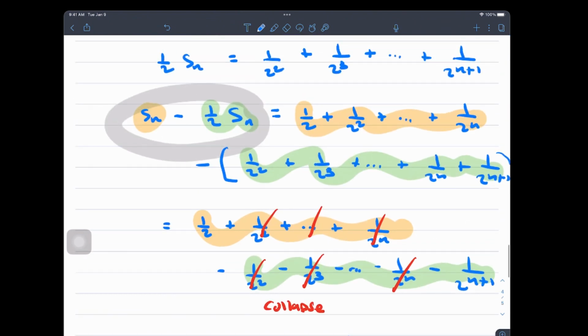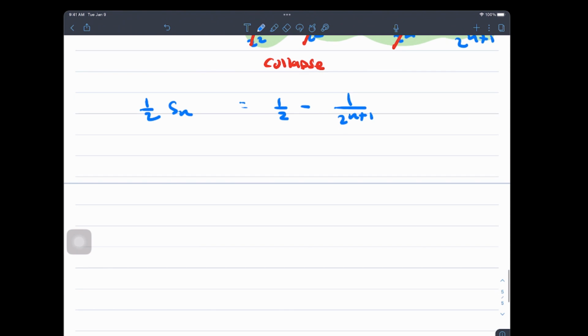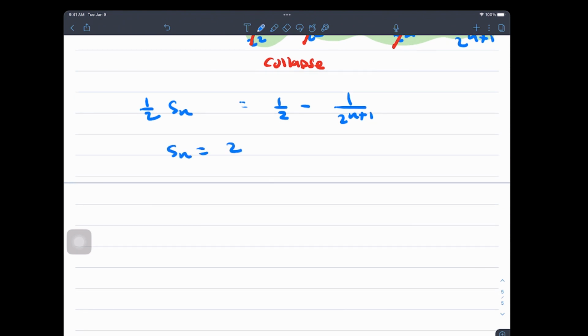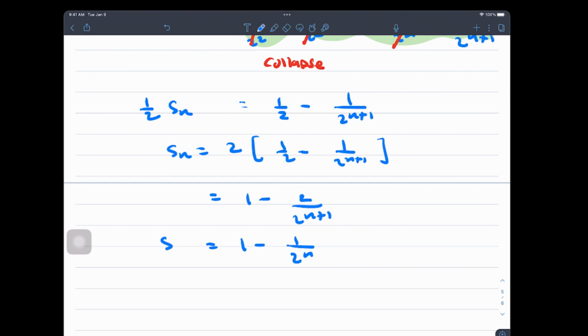So 1/2 Sn equals that. Now, multiply both sides by 2. And we get 1 minus 1 over 2 to the n. This is what we end up with, algebraically speaking.